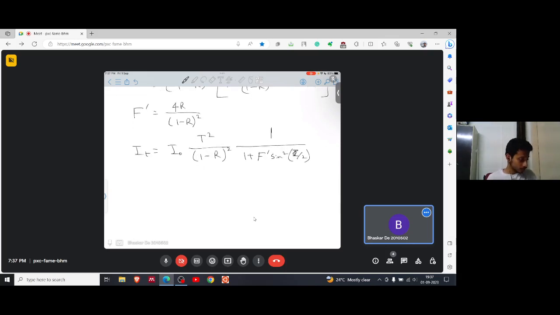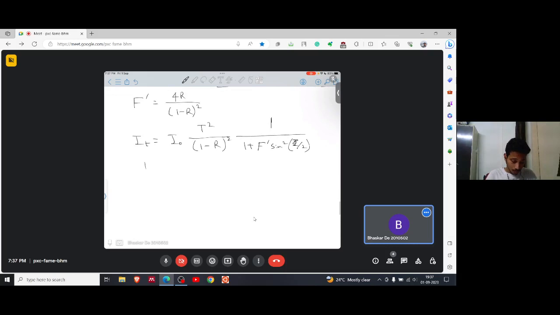Okay, so 1 by 1 plus f dash sine square phi by 2, this is known as the Airy function.